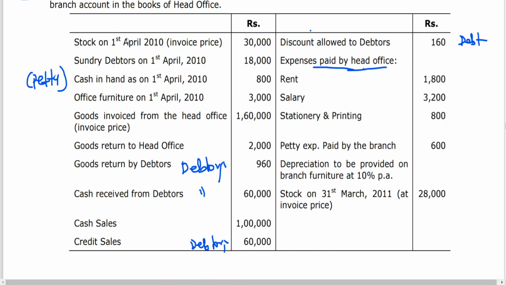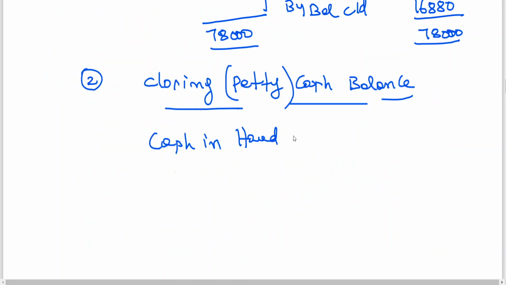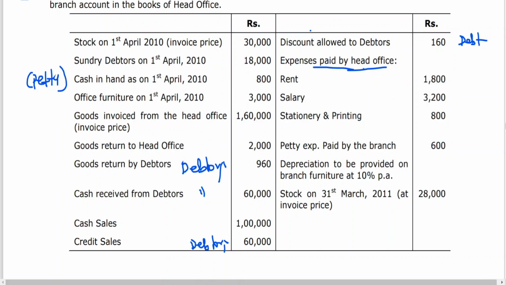Date has been cash in hand, 1st April 2010. What is the amount he has given? 800 and expenses 600.